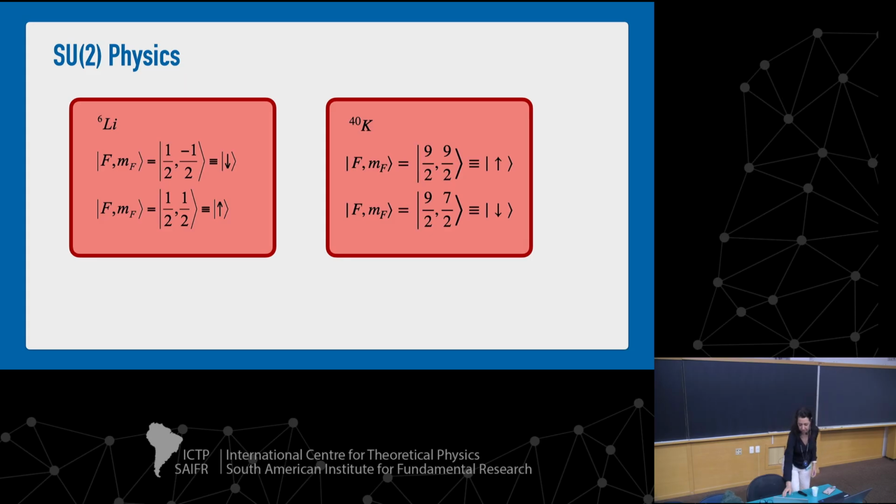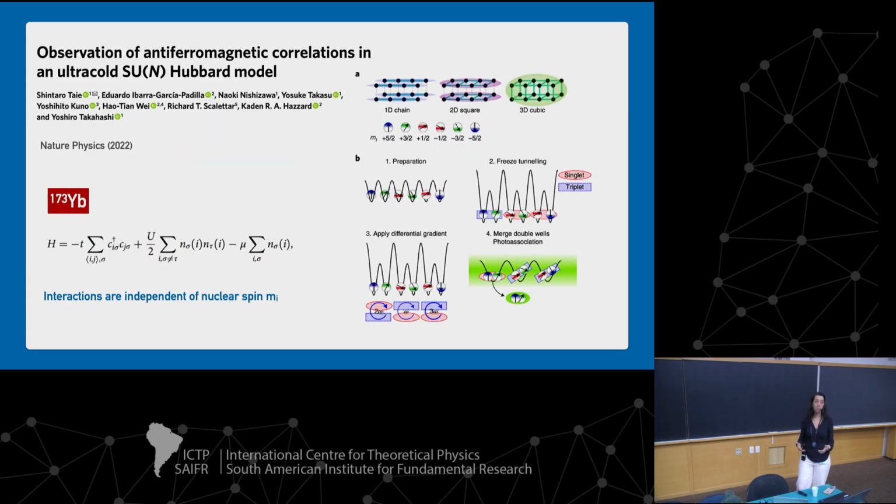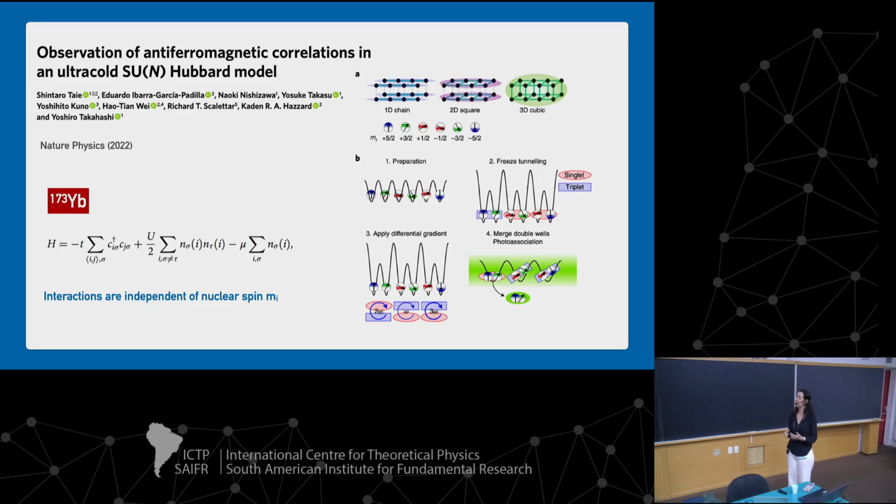So what this group is doing, and there's more than one published paper on that, is studying what happens when you have SUN, and N is larger than 2. They look here at ytterbium atoms in different independent nuclear spin states.